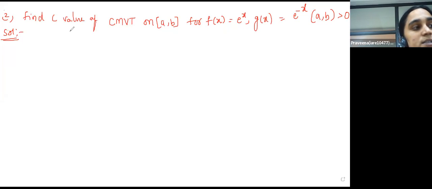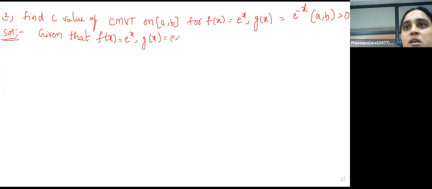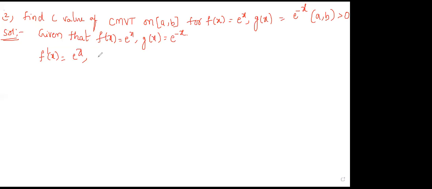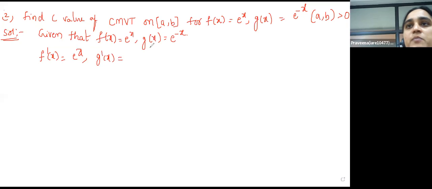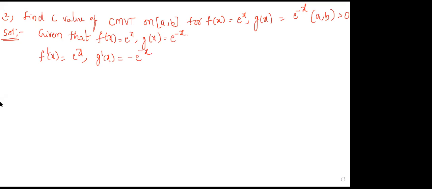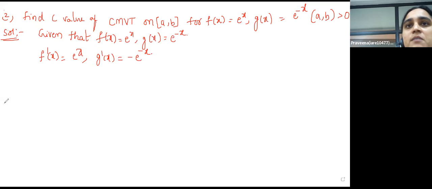For that, let us take the given functions, same as the previous question. Here f of x is equal to e power x and g of x is equal to e power minus x. First you have to verify whether these two are differentiable or not. What is the differentiation of e power x? E power x. And what about g dash of x? The differentiation of e power minus x is minus of e power minus x.